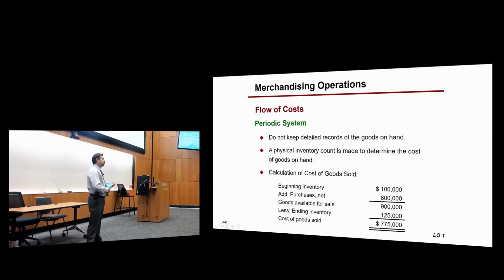This is divided into two parts: the ending inventory and the cost of goods sold. It's usually easier to count the ending inventory, because companies usually sell more than they keep in their warehouses. So the cost of goods sold is usually much higher than what they keep in their warehouses.